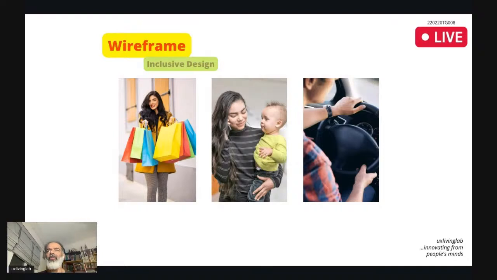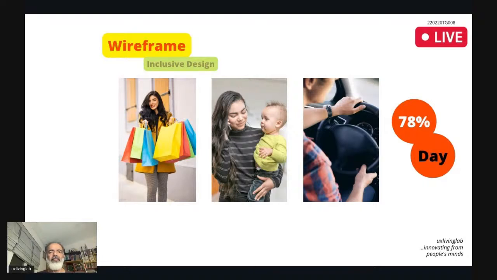We have to include these in design because it is a surprising fact that situational disability affects 78% of the daytime of a user.